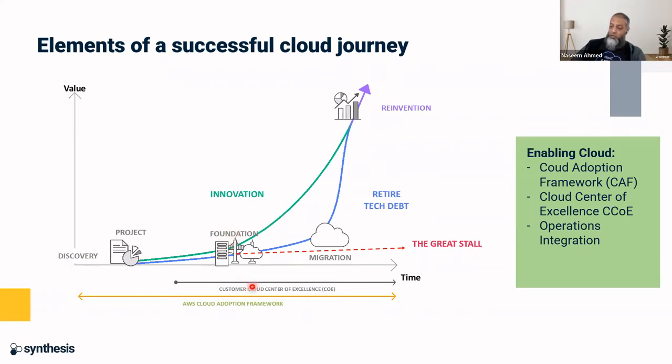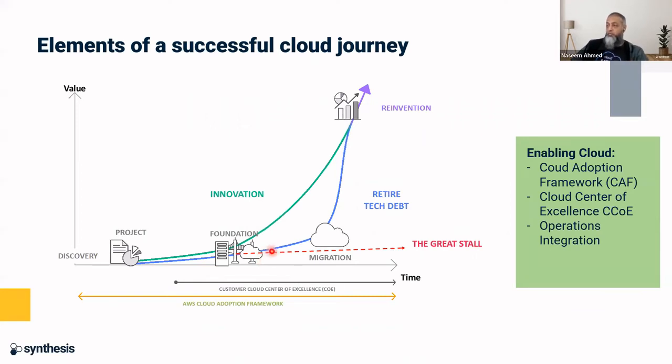Almost 70% of cloud journeys stall here, because the change management within the organization does not take into account the move to the cloud. So as you move into the cloud, at each stage of this journey, the reason for moving to cloud, the why, has to change.